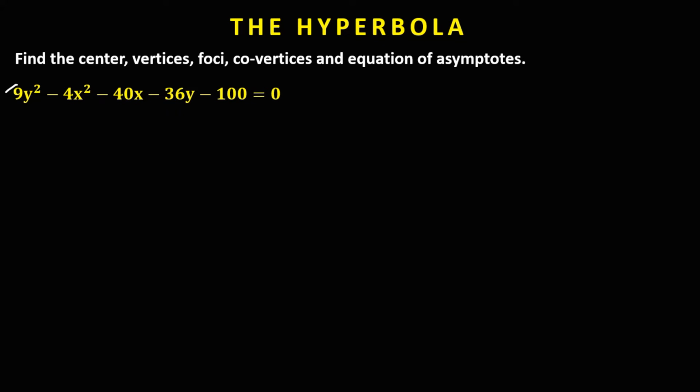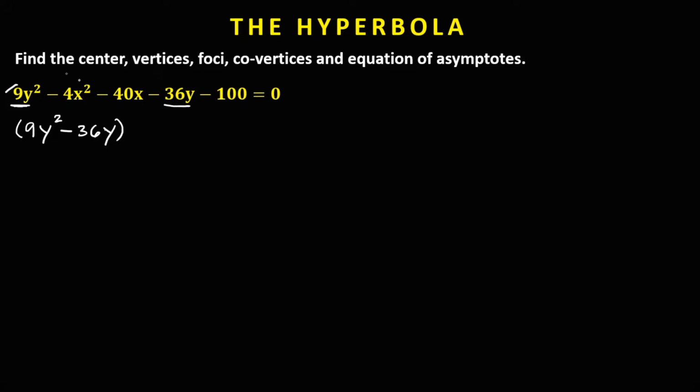And to write this equation in a standard form, we just need to group all x and group all y's. But since for this given, y squared is positive, first group is all y. So we have 9y to the power 2 minus 36y.